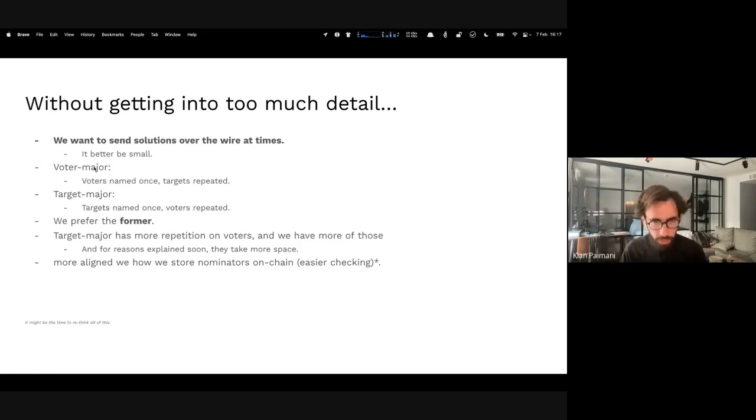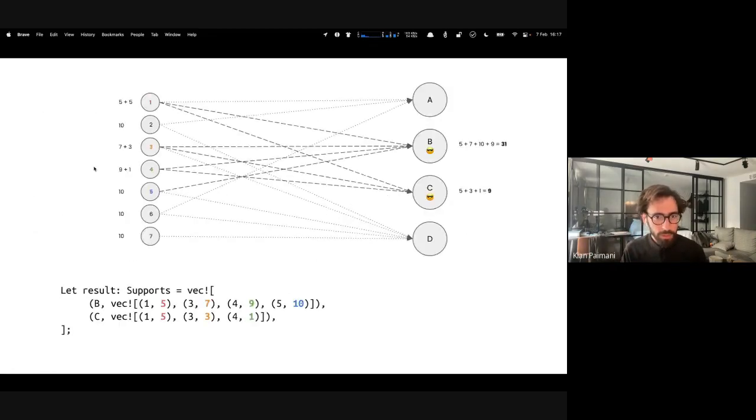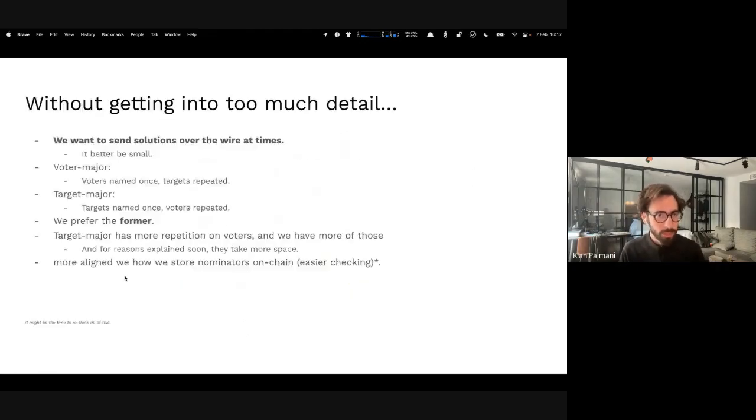And voter major, I think I called it here. No, I haven't actually shown it yet. So yeah, we'll get to it next. And for reasons, we actually prefer the first one, voter major. I think the more important reason is that we store nominators in a way that is much easier to check a solution if it's voter major.